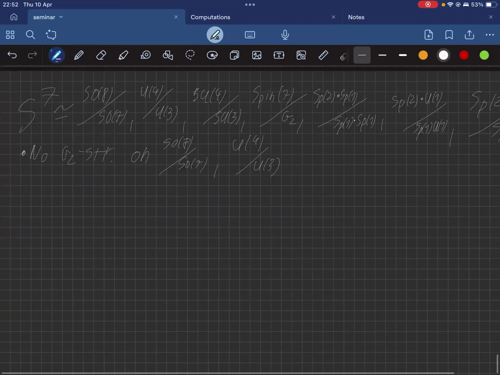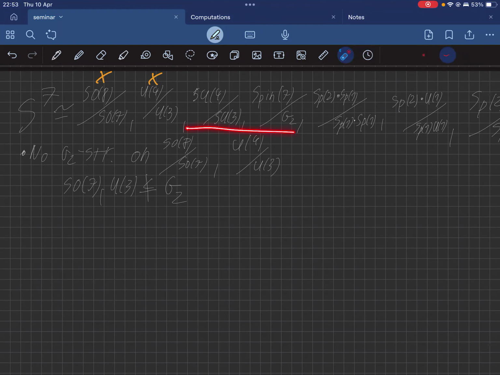Why is that? Because SO7 and U3 are actually not subgroups of G2, so they don't stabilize any three-form. So there are no G2 structures, and there's nothing to do. So this doesn't work and this doesn't work. Okay.